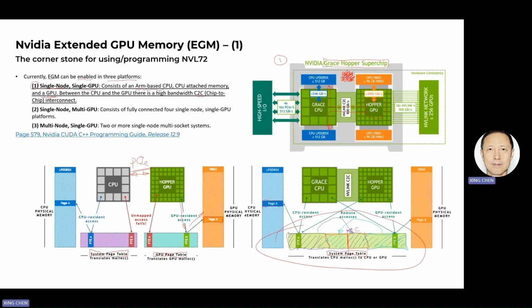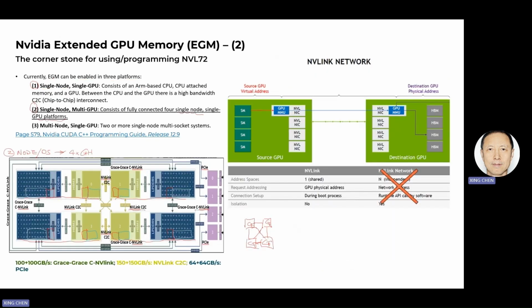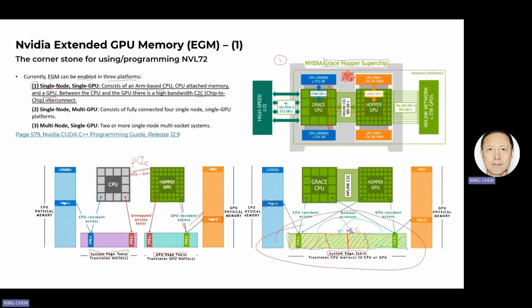What we have discussed here between the CPU and the GPU will also be true between the CPU and the GPU within a superchip. And it will also be true between the 4 GPUs. That means between the 4 GPUs, it works the same way as we have shown here.